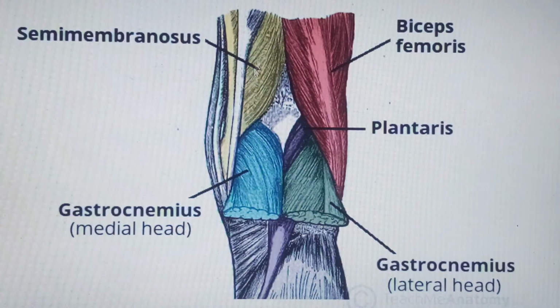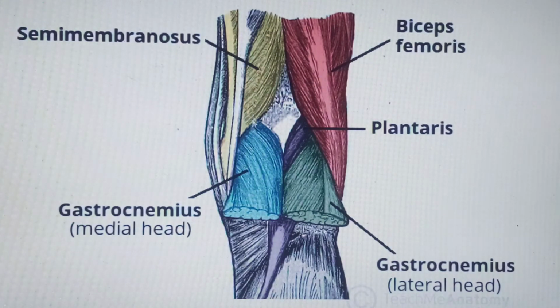So both semimembranosus and semitendinosus muscles are forming the superomedial boundary. Now the superolateral boundary will be formed by the long head of the biceps femoris muscle.